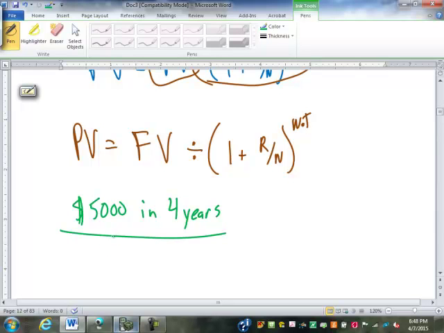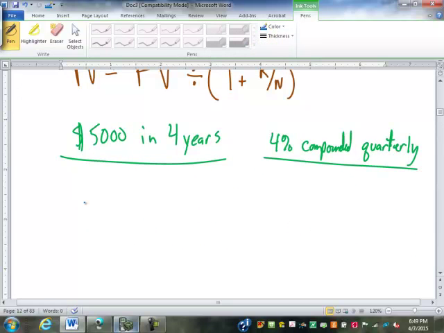So here you want $5,000 in 4 years, and you know that you can receive 4% compounded quarterly. So the setup's going to be the same, only now we're looking for present value instead of future value. $5,000, but instead of times, it's going to be divided by.